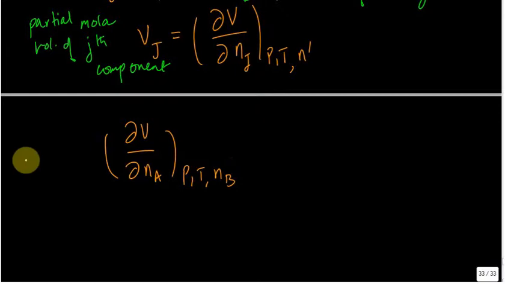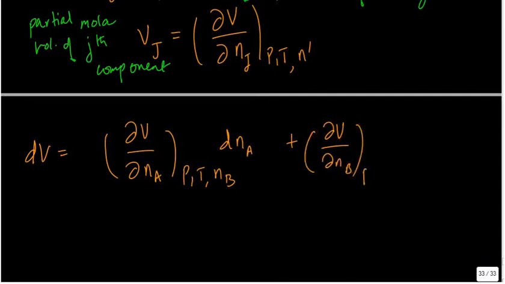Now, if I wish to see what is the total change in volume, I could see it like this: plus the partial molar volume of Nb, at pressure, temperature, Na.